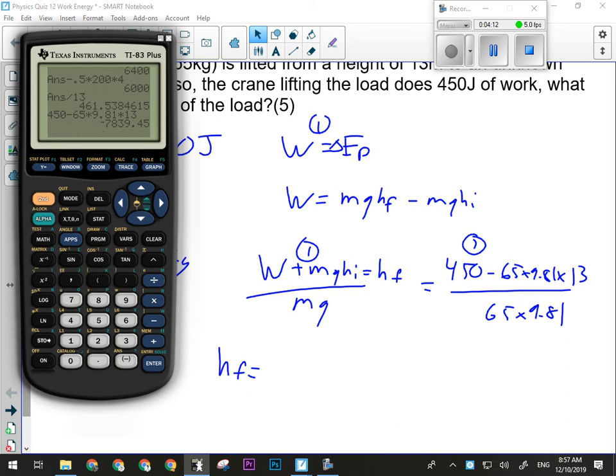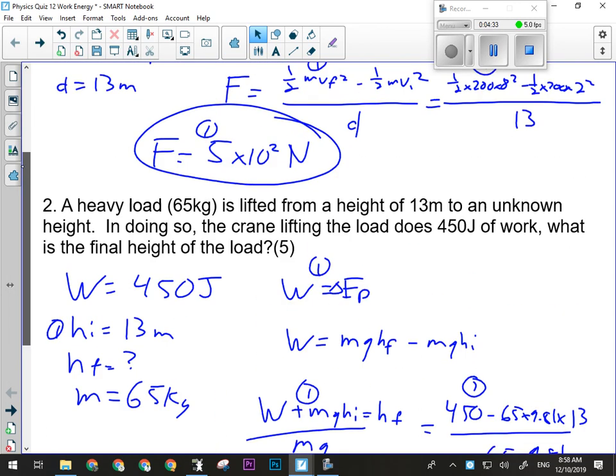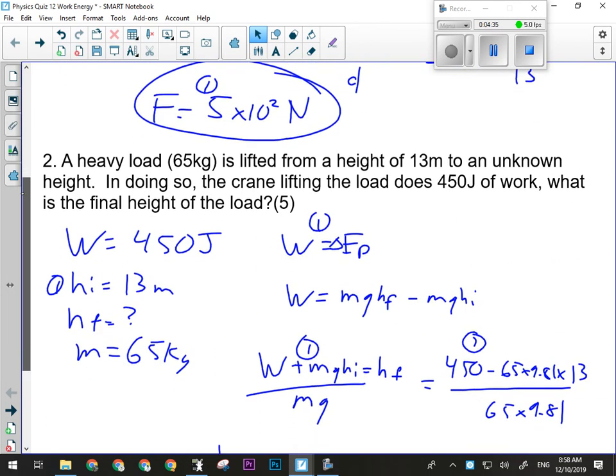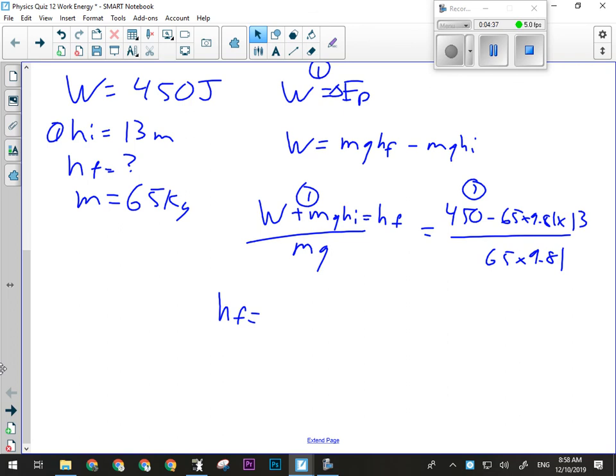I do that just about every day, don't I, when I do this? Sorry. And then we divide that by 65 times 9.81. So our new height is going to be 13.7 meters, but we only have 2 significant figures, so our new height will be 14 meters.